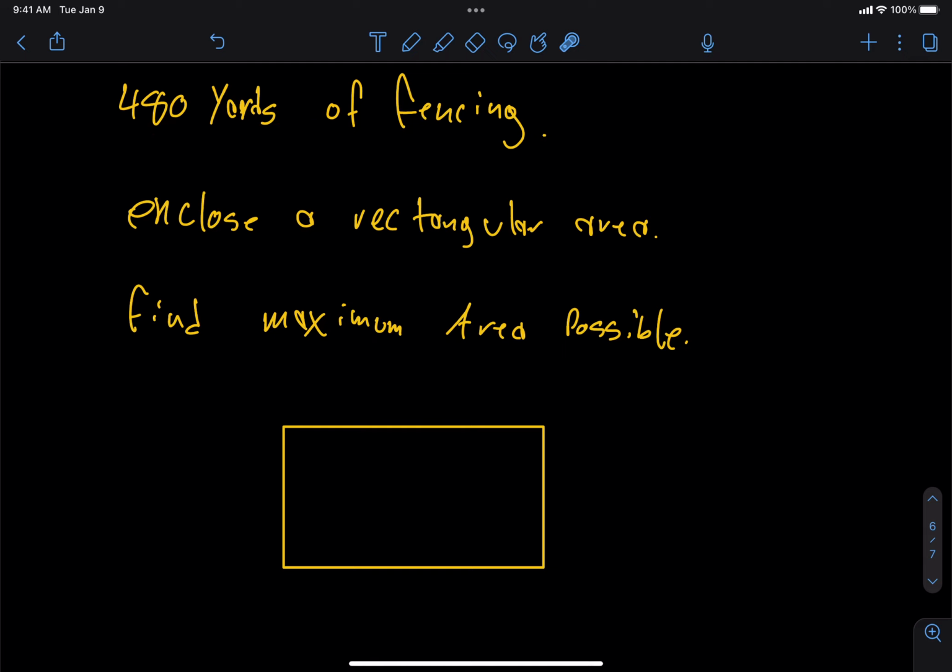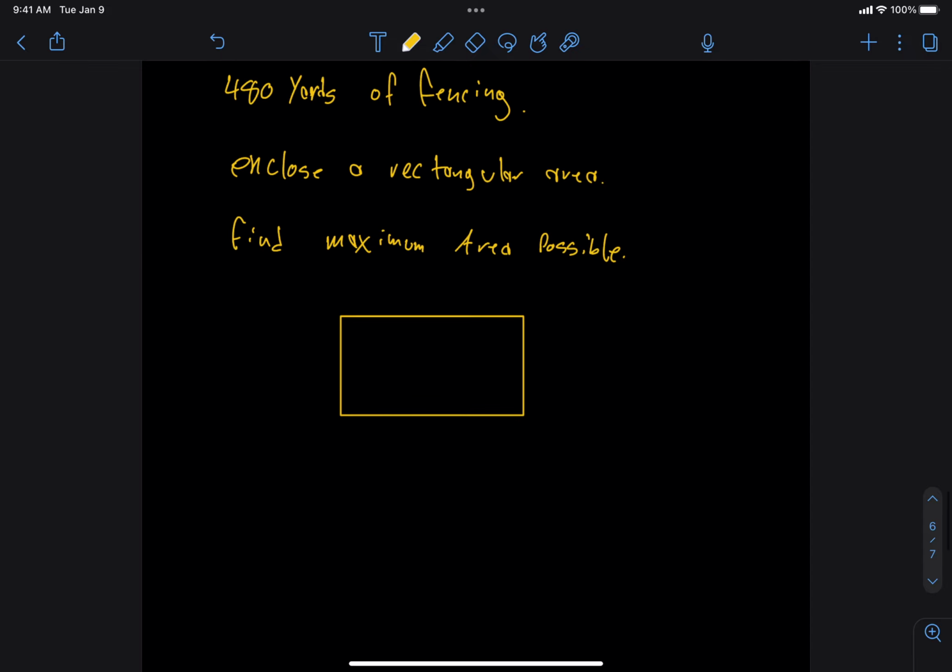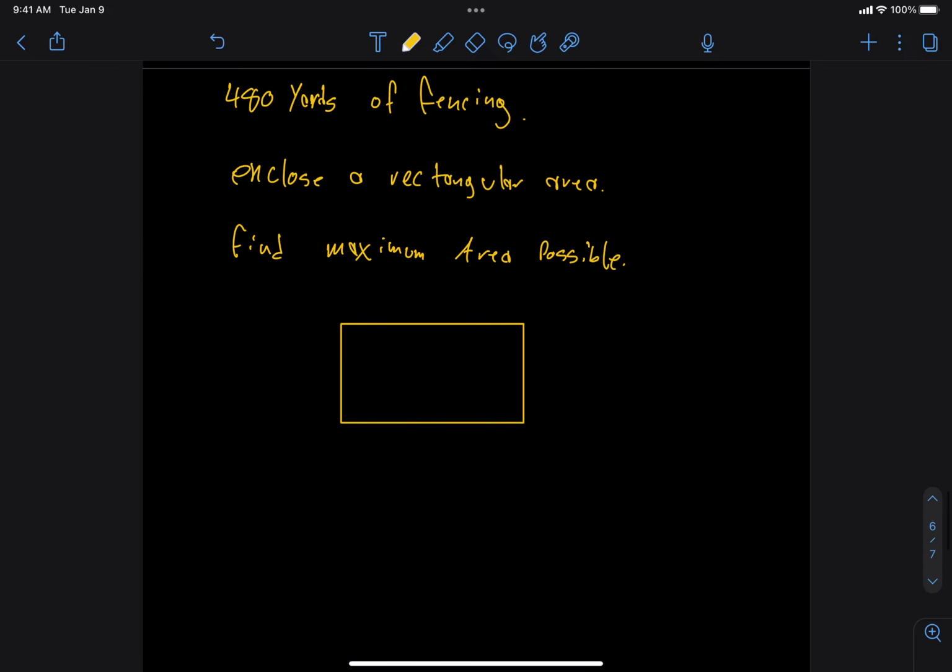And my goal is to decide how wide should it be and how tall should it be, right? In order to get the maximum area possible. So I'm talking about different possible fence structures, right? I could have one that's really long and skinny, or I could use up 480 yards of fencing to make something more square shaped, or I could make it really long and skinny in the other direction, right?